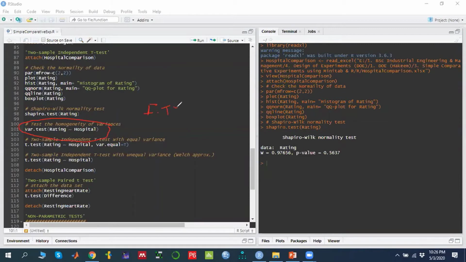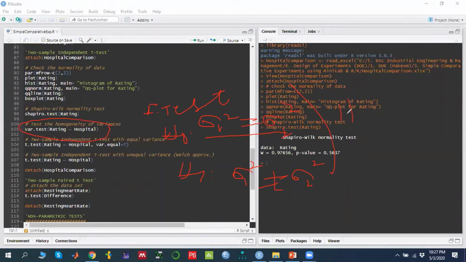Basically our H0 is sigma 1 square is equal to sigma 2 square, and the alternative would be sigma 1 square is not equal to sigma 2 square. That is basically the homogeneity test. We need to check whether the population variances of both the groups are equal or not.